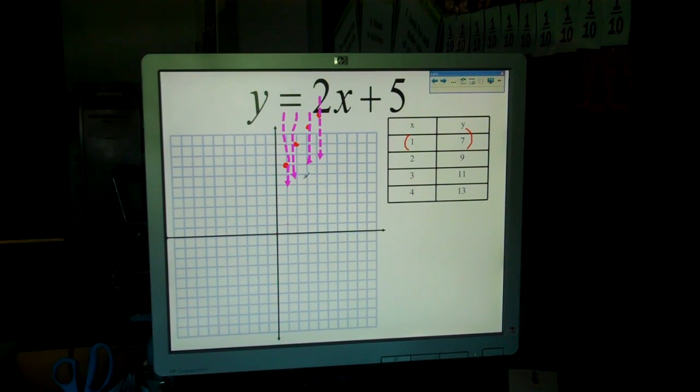Every place I draw a vertical line, I only hit 1 point. So this is not only a relation, it is also a function because it passed the vertical line test. So if it passes the vertical line test, it is a function.